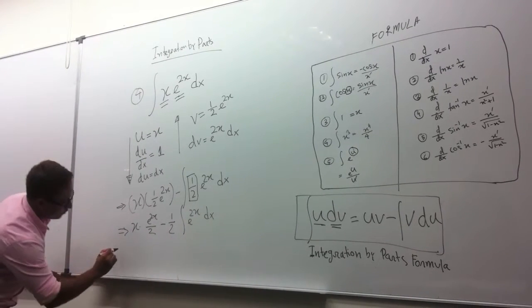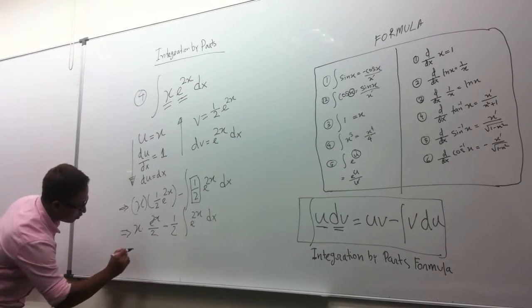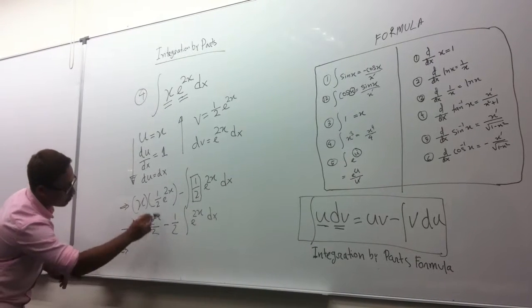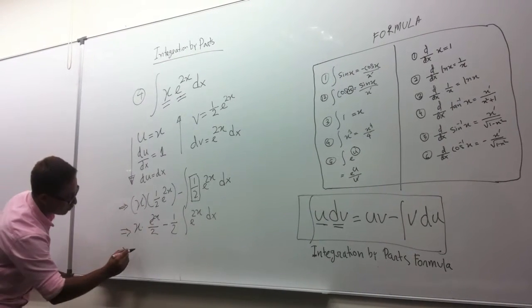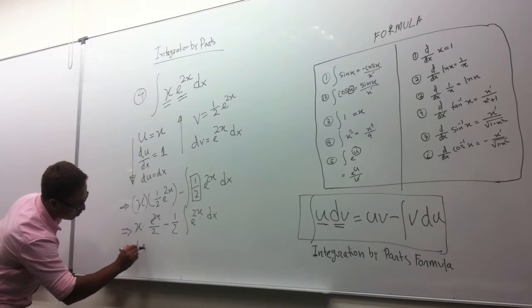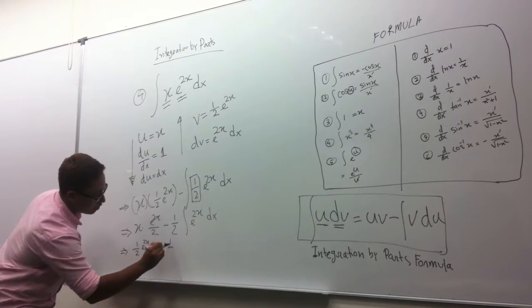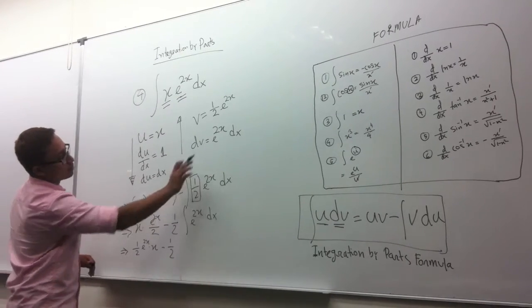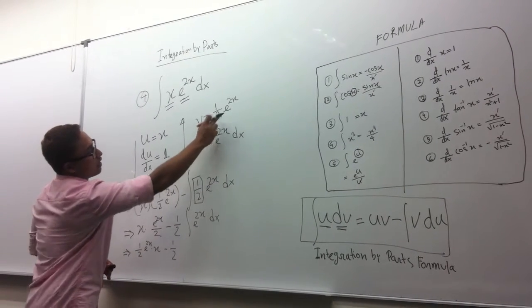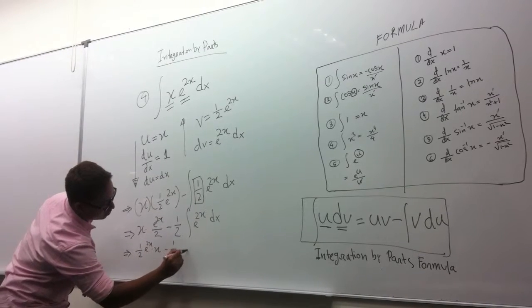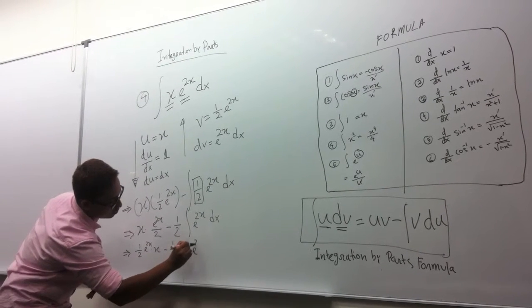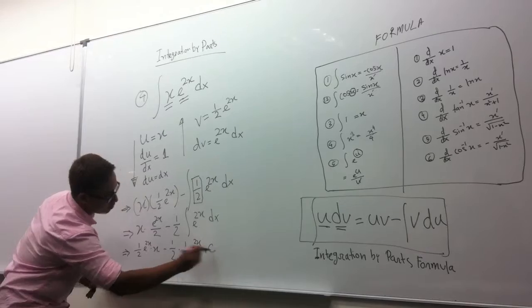If we simplify, we get half e to the power 2x times x, minus half the integration of e to the power 2x, which is half e to the power 2x, plus c.